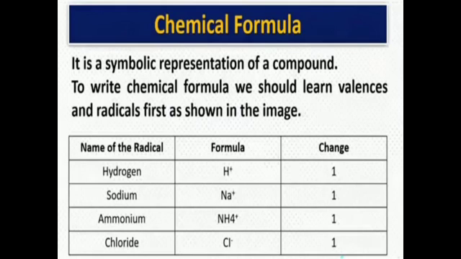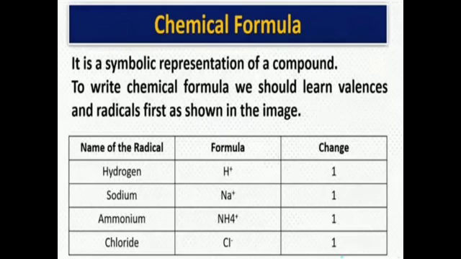Third, in compounds formed with polyatomic ions, the number of ions present in the compound is indicated by enclosing the formula of the ion in a bracket and writing the number of ions outside the bracket. If a compound consists of polyatomic ions, we write the formula of that ion in the bracket, and the number of ions outside the bracket.